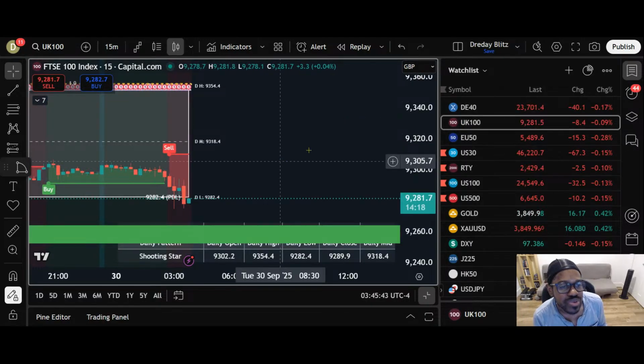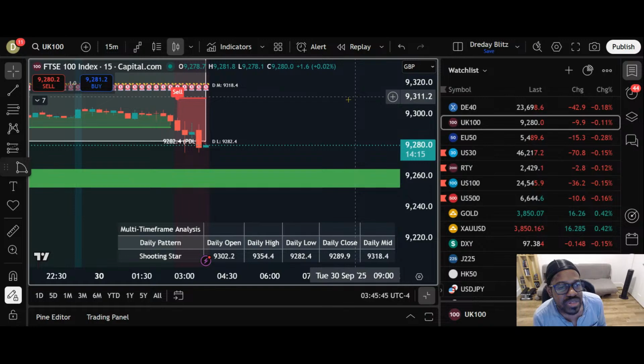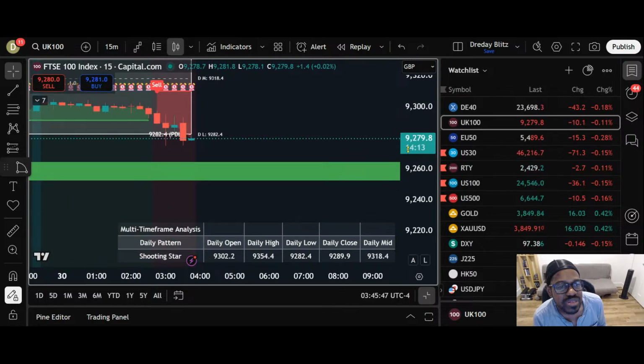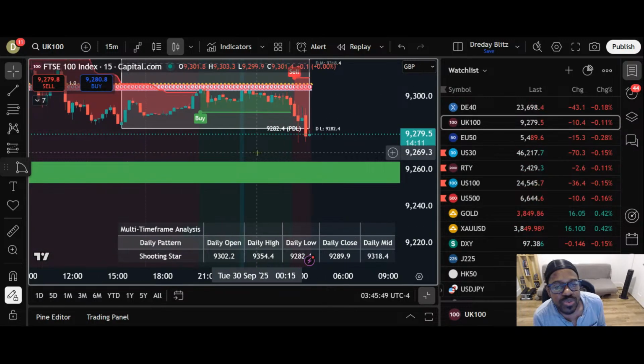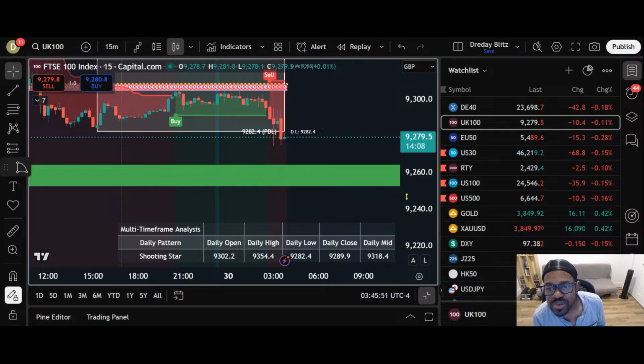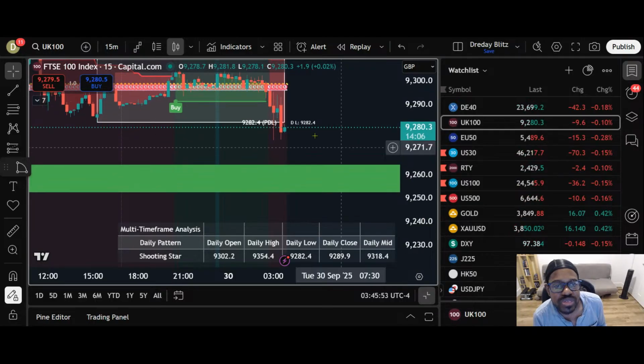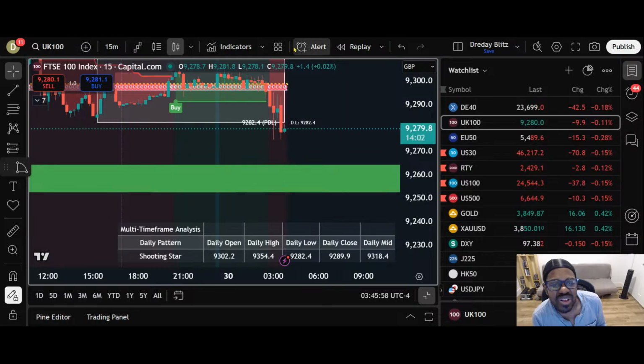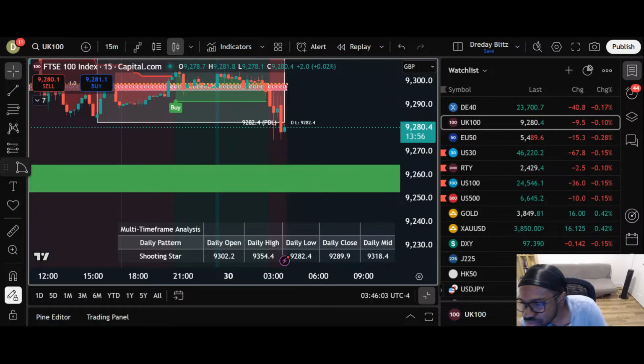So UK100 here seems to be looking good. So within the next 15 to 30 minutes, we should have a good sell off here off of UK100. All right, perfect.